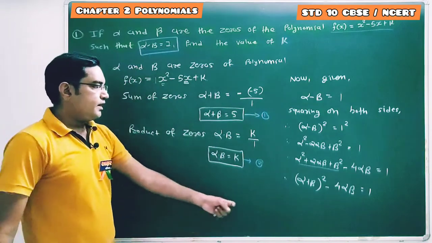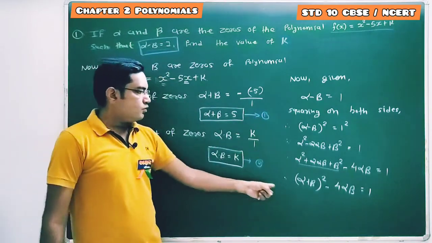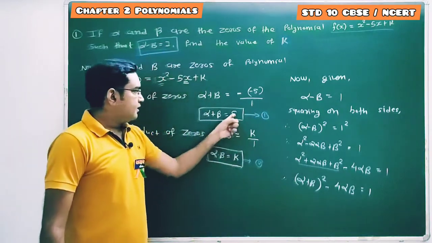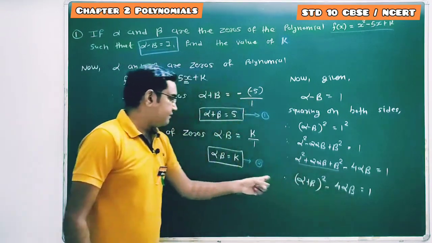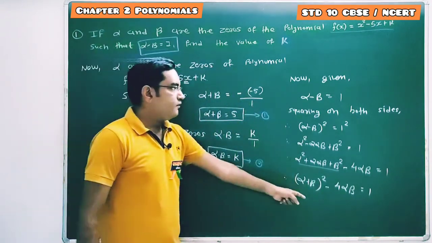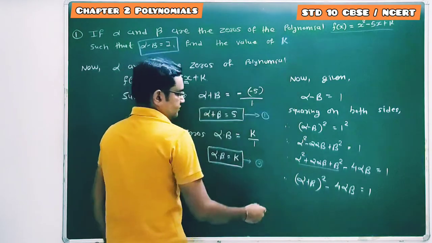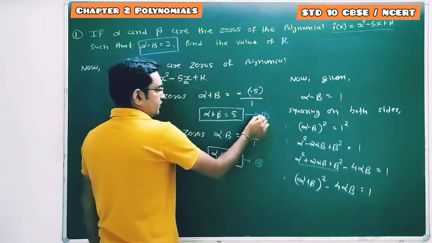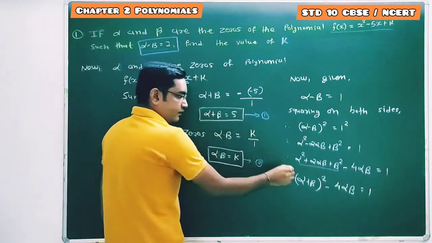So now we can use result number 1 and result number 2 over here. Alpha plus beta is 5 and alpha into beta is k. So ultimately we are getting the value of unknown k. Clear students? From result 1 we can write alpha plus beta equal to 5.